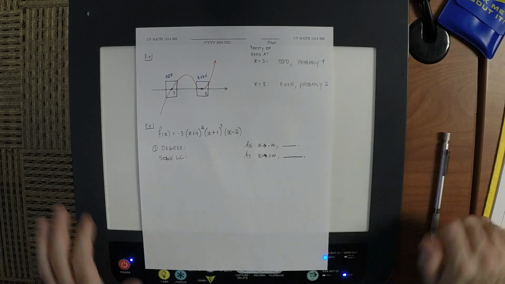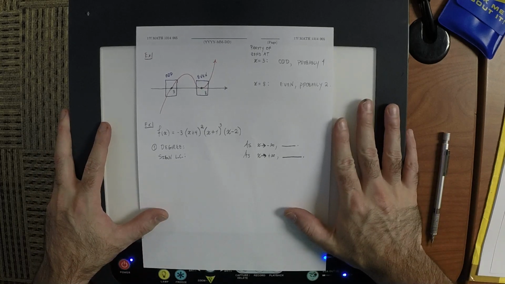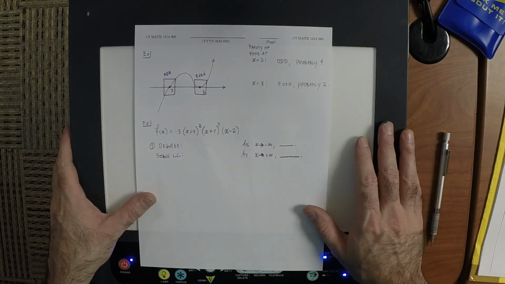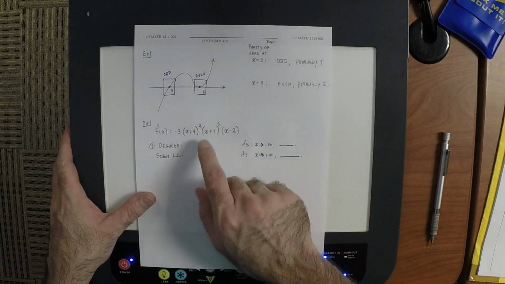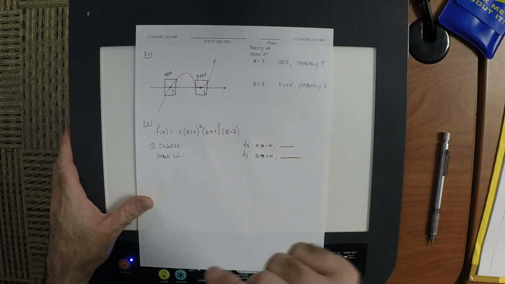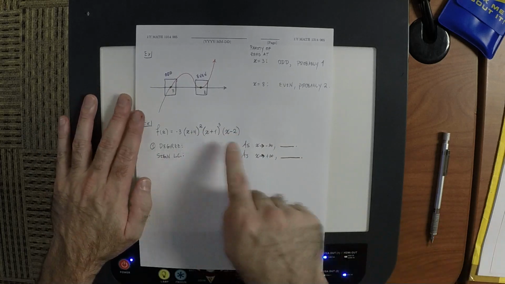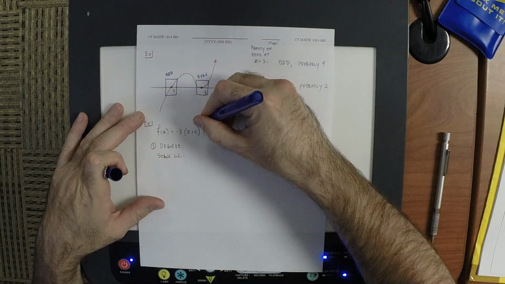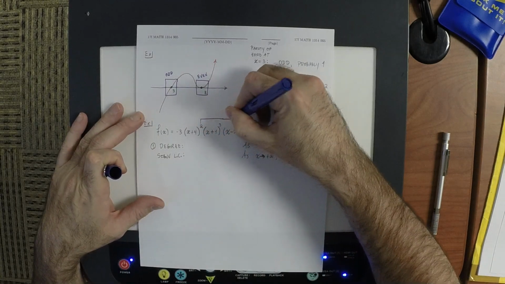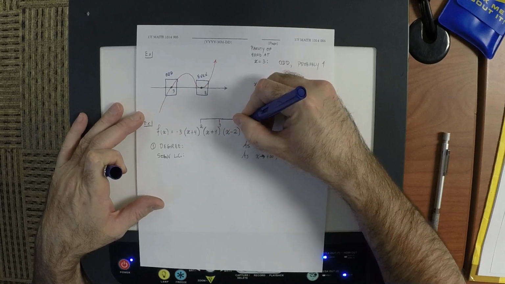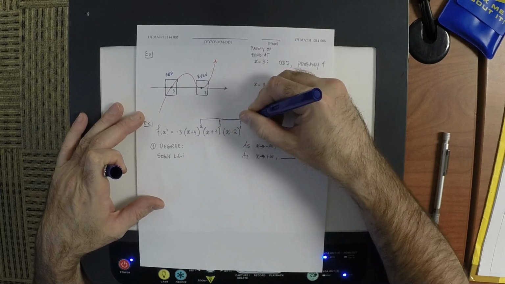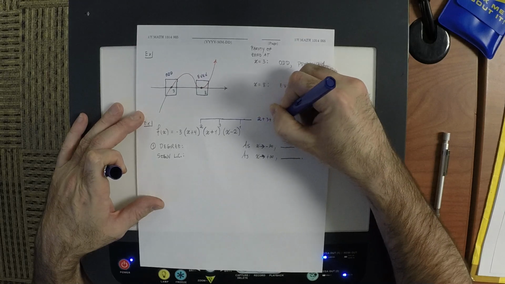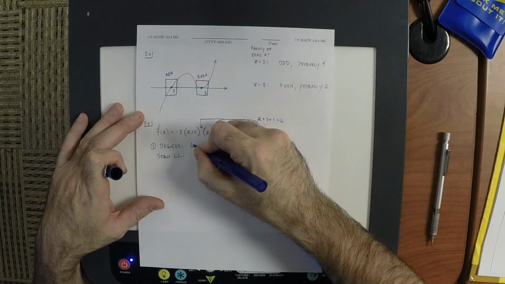Okay. So how about it? What's the degree? 6. And how do you come to that? Add up all the exponents of the individual factors. So this one plus this one plus this implied 1. That's 2 plus 3 plus 1 is 6. So the degree is 6.